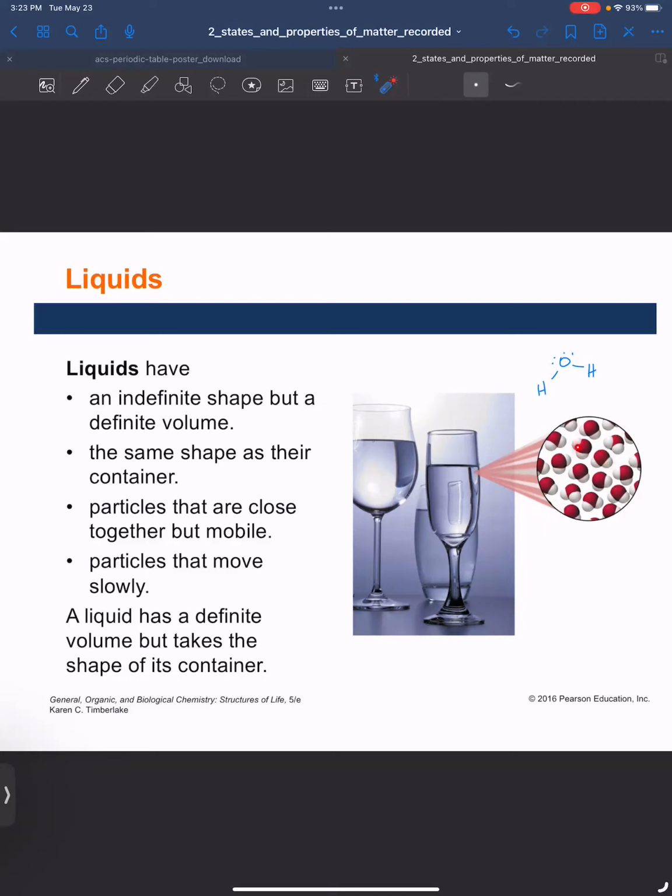And so these are representing the water molecules. You can see they're close together, but they have a little bit of space to move around. The particles still move slowly, not as slow as if they were in a solid state of matter. And once again, a liquid has a definite volume, but takes the shape of its container.